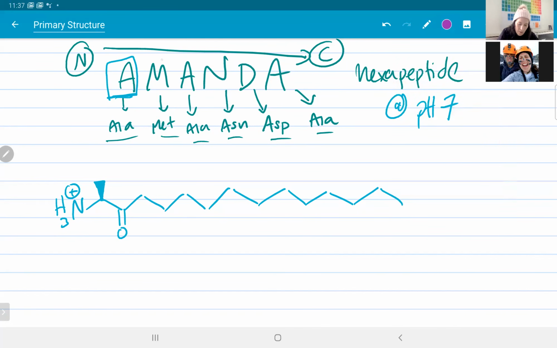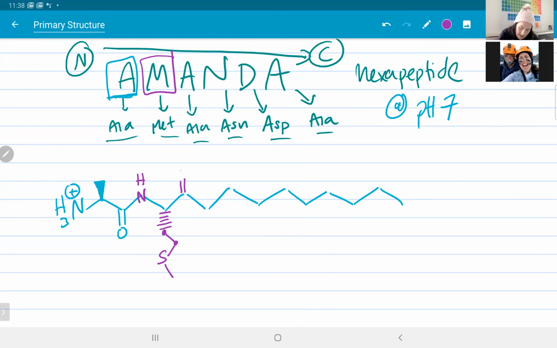Remember, I'm dehydrating a water molecule, but next up is methionine. So this is going to link up with the N terminus of methionine. Okay. Methionine side chain is 2 methylene. So there's 1 methylene, here's 2, a sulfur, and a methyl. So there's my methionine.